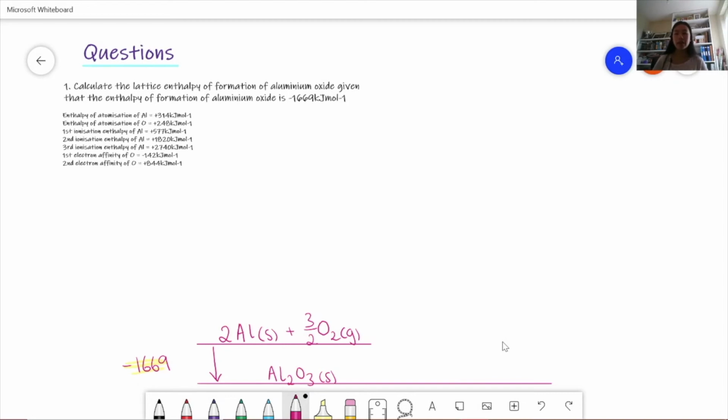So the enthalpy of atomization of aluminium is when we form 1 mole of gaseous aluminium from aluminium the solid, so like aluminium in its standard state. And so we're going to form aluminium, and these are all going to be gases now. And then I'm going to leave the oxygen alone.